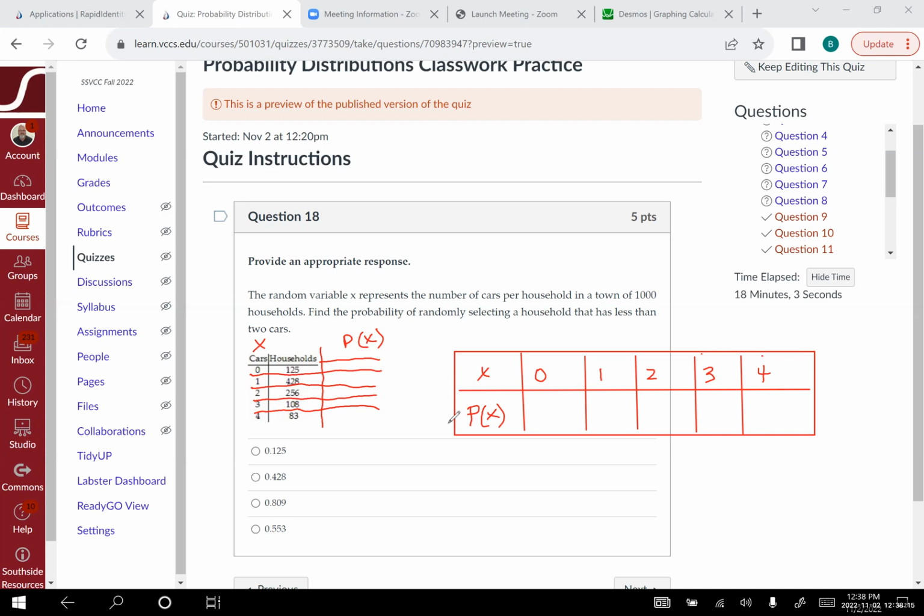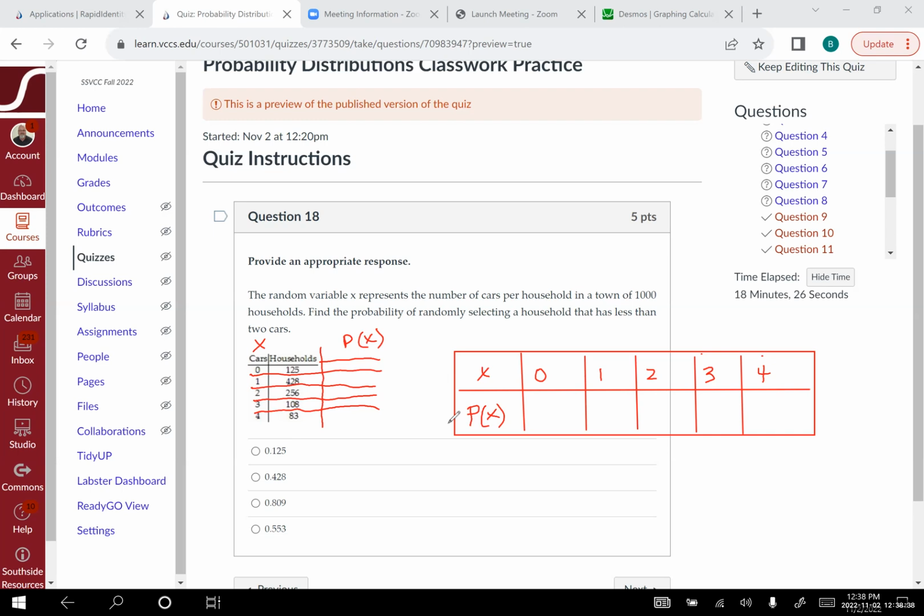So to find it, I would just have to count up all the numbers like 125, 428, and so on, and then divide it. Like, to find the probability of 0, wouldn't I divide 1000 over 125? You have it upside down, but I think you were thinking right.